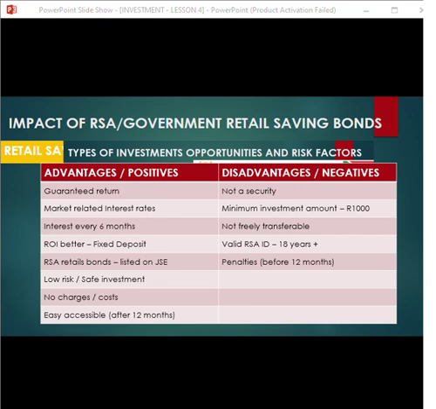There's a guaranteed return. This means the interest rate is fixed for the whole investment period, which makes your return guaranteed. There are no fluctuations. The second one is that the interest rates are market related, and thus more investors are attracted.